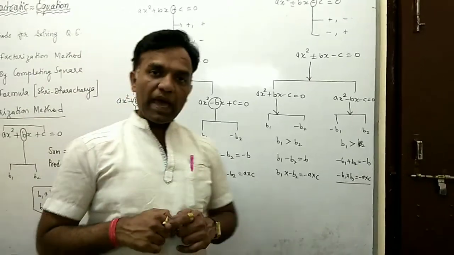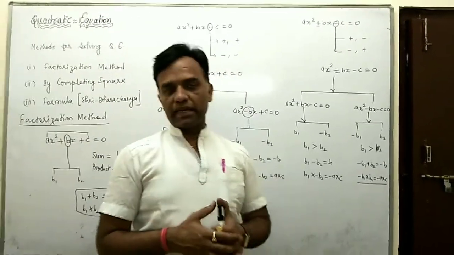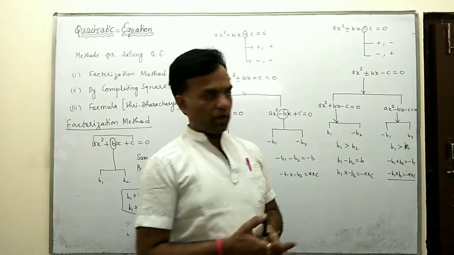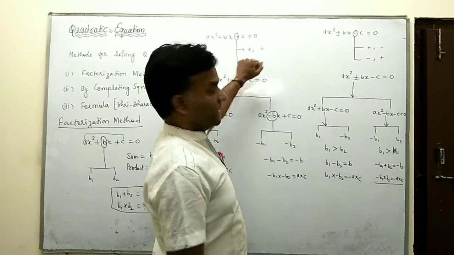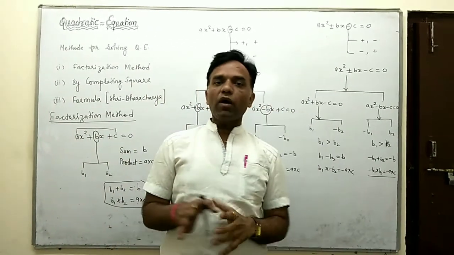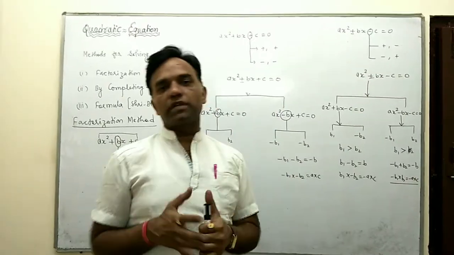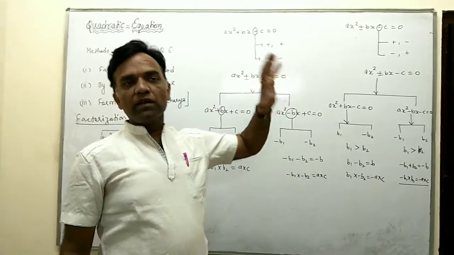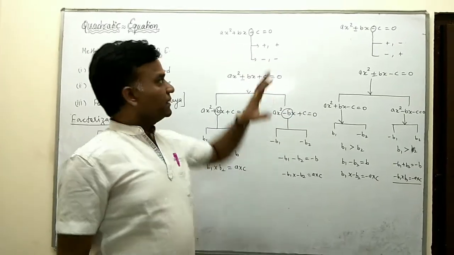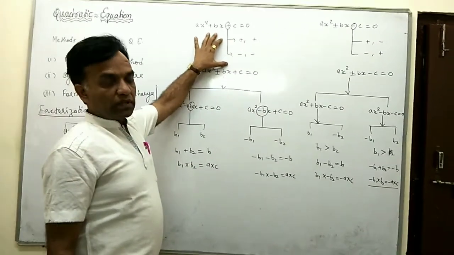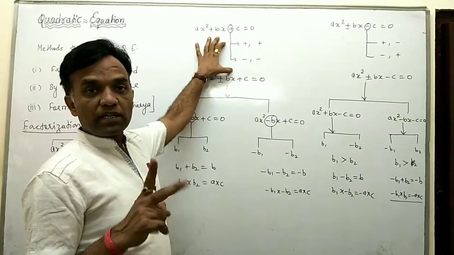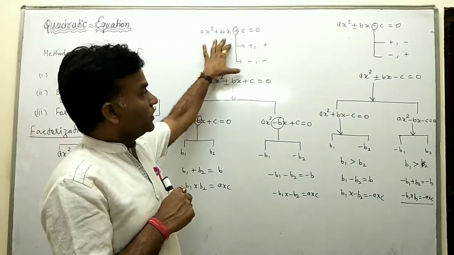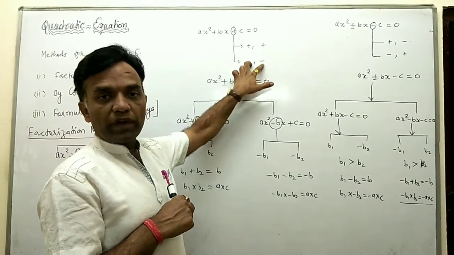Okay, so now there are basically four cases, because for any quadratic equation, first you see the constant term, because the constant term determines the factors. If the plus sign is there, you think there are two cases: if the constant is positive, both the factors are positive or both the factors are negative.